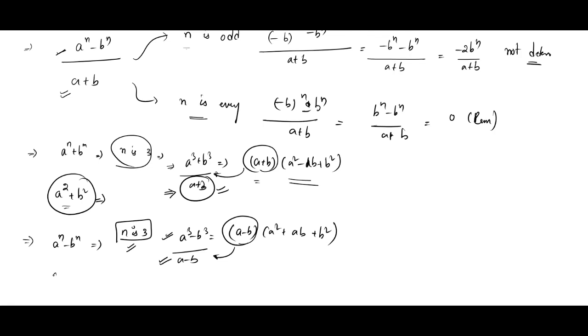Now if I take even, 2, a square minus b square is a plus b multiplied by a minus b. So a square minus b square is divisible by both a plus b and a minus b. You can remember it like this, or directly remember it.